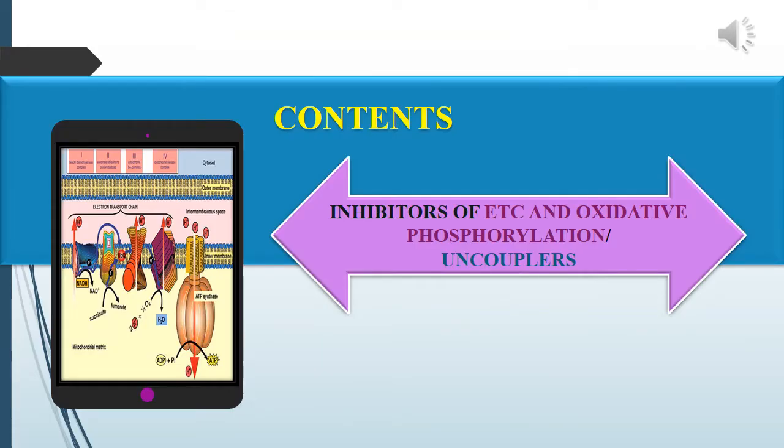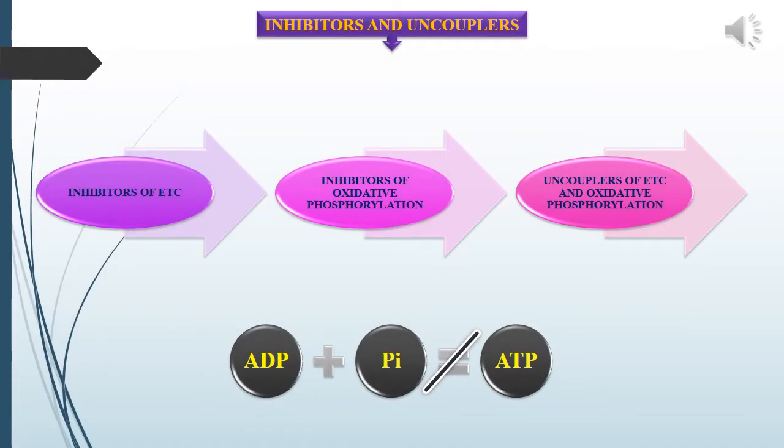The contents of part 3 are inhibitors of ETC and oxidative phosphorylation, and uncouplers of ETC and oxidative phosphorylation. Firstly, inhibitors of electron transport chain, then inhibitors of oxidative phosphorylation, then uncouplers.